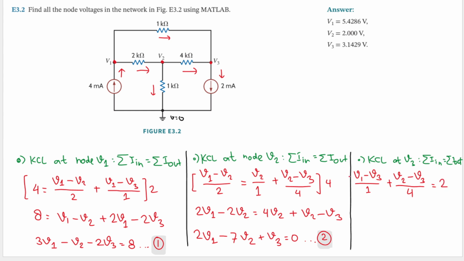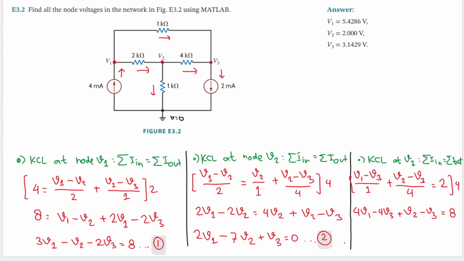Multiply both sides here by 4, so we can get rid of the denominator. So we will have 4V1 minus 4V3, and then plus V2, and then minus V3, because 4 and 4 cancel into 1, and 2 multiplied by 4 is just 8.